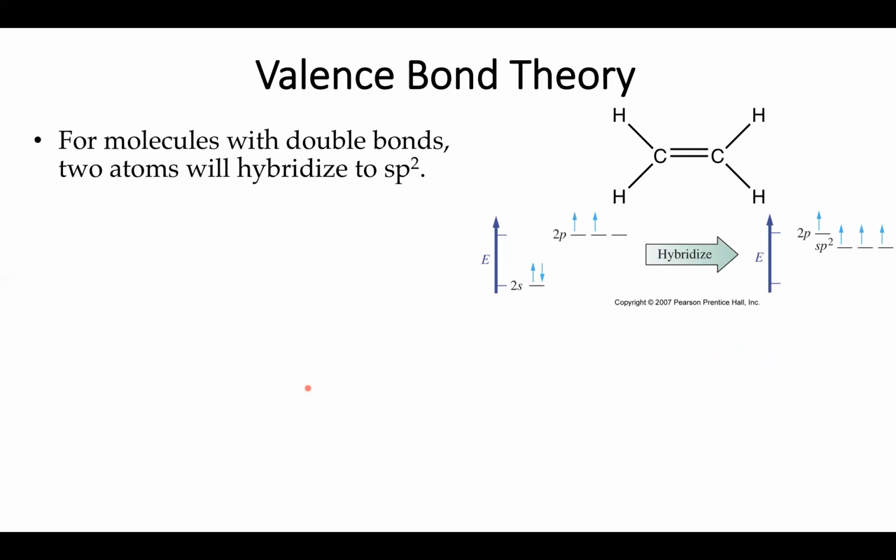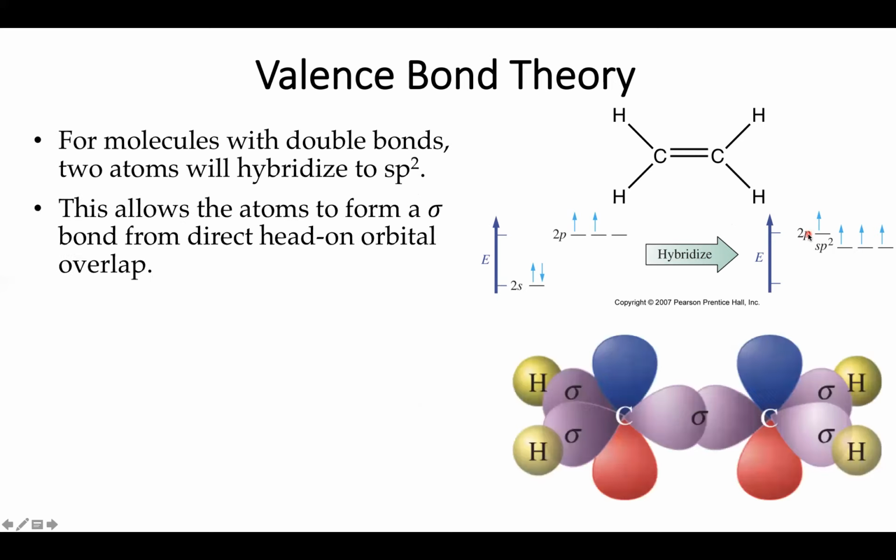So if I've got, say, a molecule with double bonds, something like carbon, I've got 4 electrons. They hybridize to make 3 sp2 orbitals. But this means that I'm going to have 1 orbital left over with an extra electron sitting all alone.